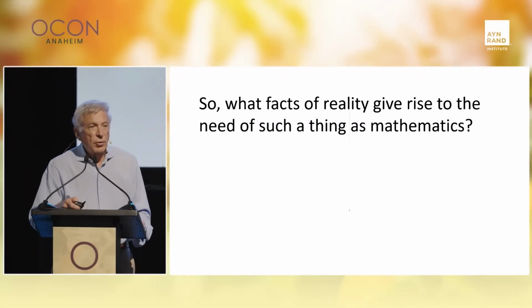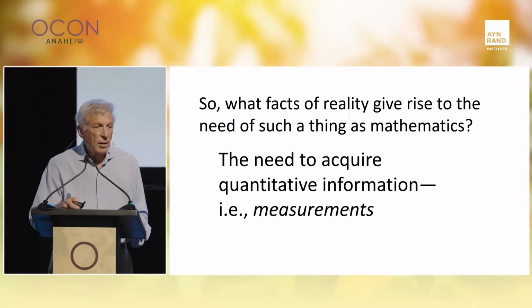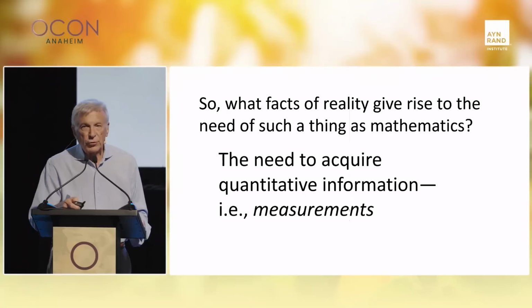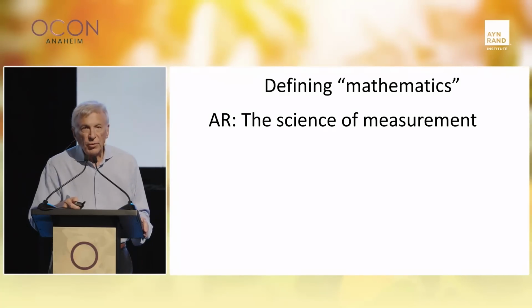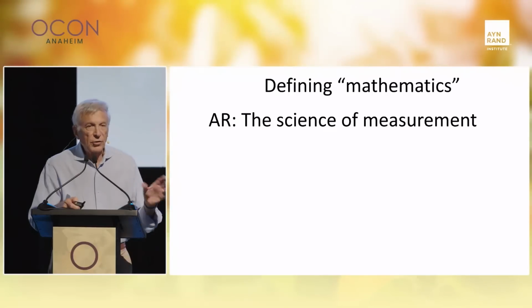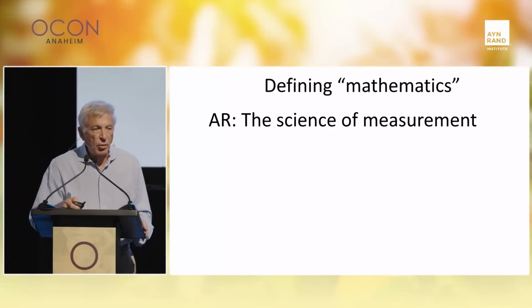So what facts of reality give rise to the need for such a thing as mathematics? The need to acquire quantitative information, i.e., measurements. So we have to define mathematics in terms of measurement. Ayn Rand characterized it, I don't think she intended it as a formal definition, but she called it the science of measurement.